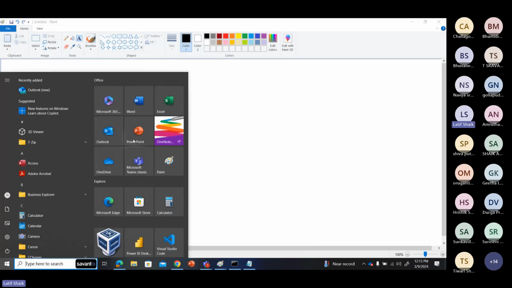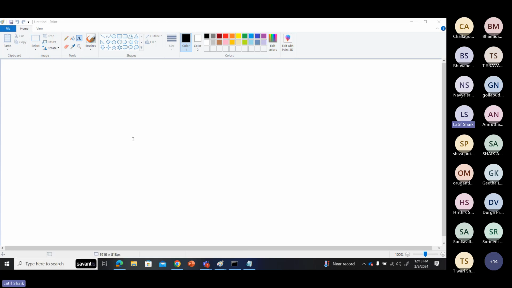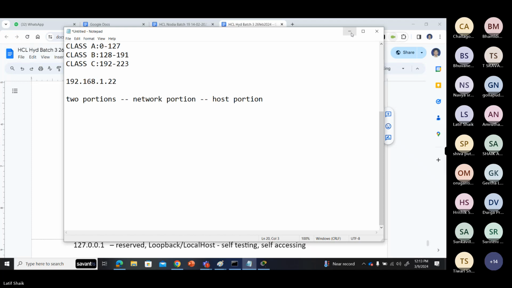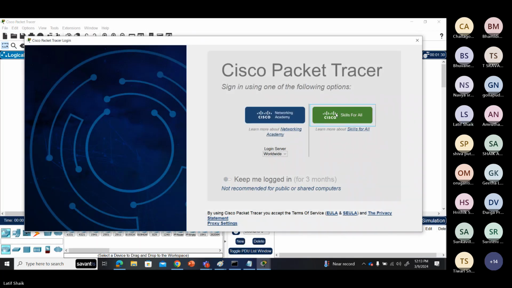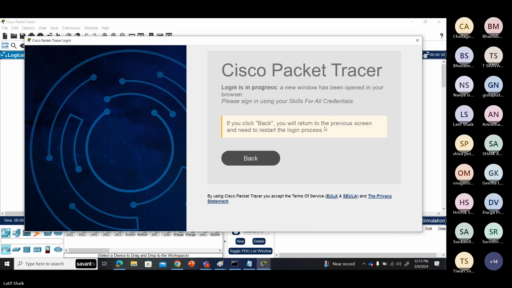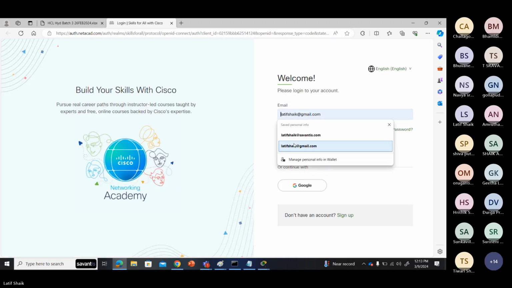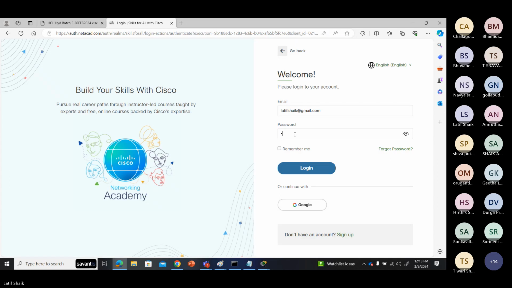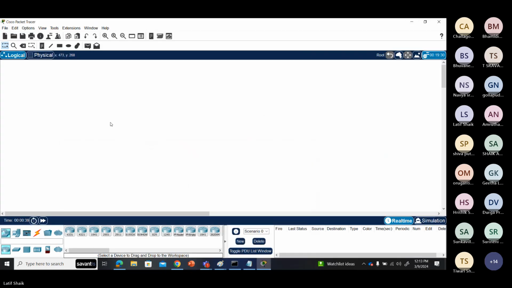Now I'll try to show this from Cisco Packet Tracer.